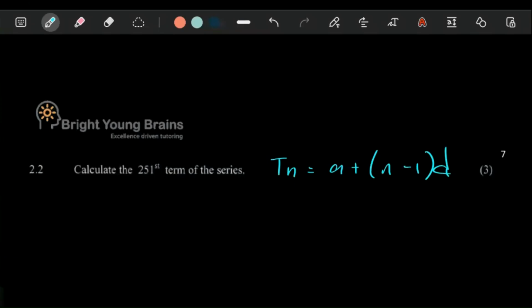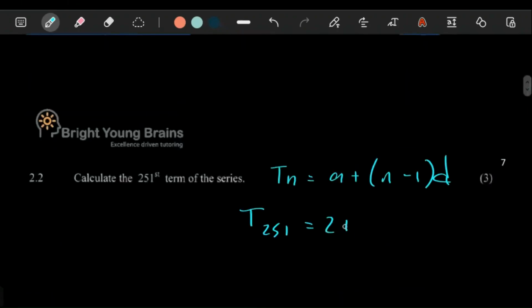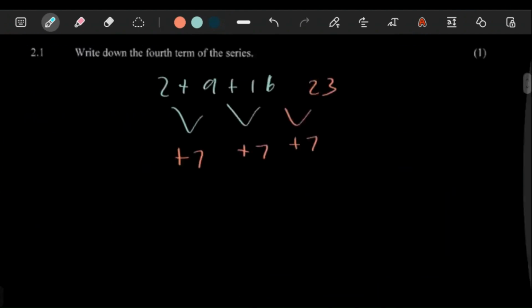Here, if you want to calculate what is at position 251, you can just make n here 251. A is your first term, which is clearly just a 2. And then n is 251. And then d is, what is d?